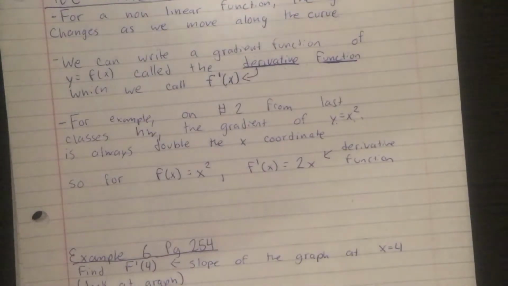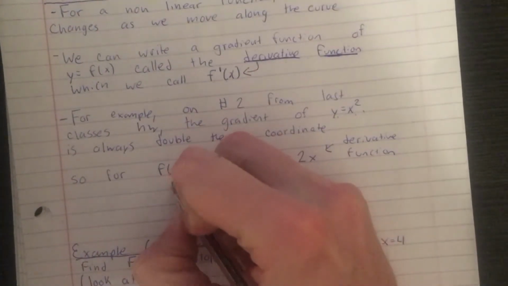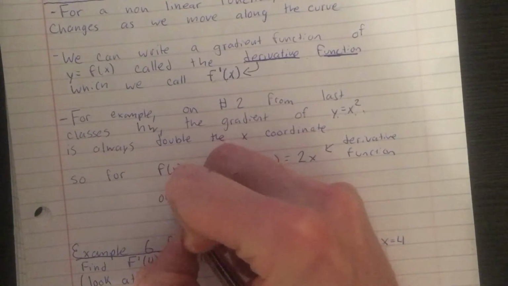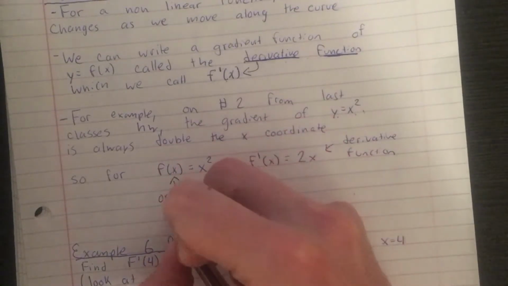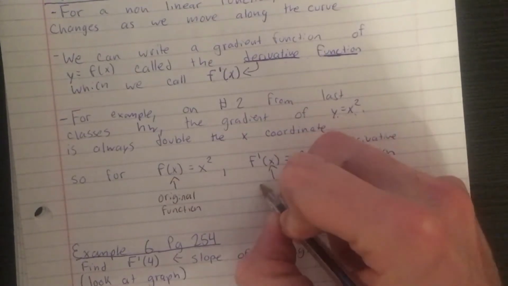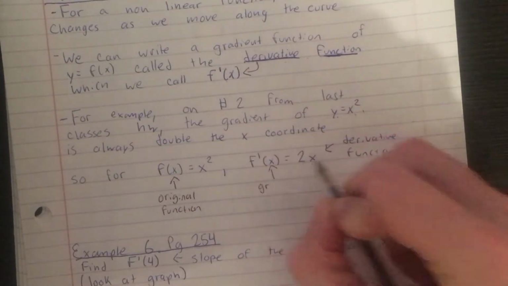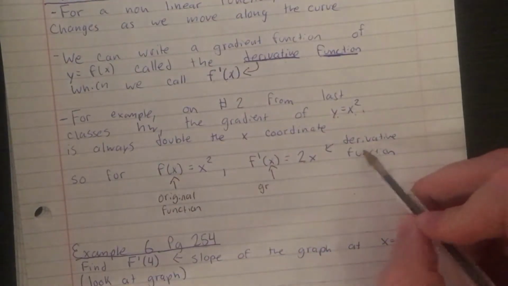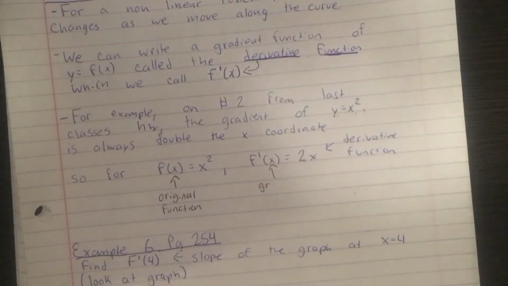The way we would represent this, we have our original function, f of x equals x squared. And then we have the gradient function, which just says you're going to take 2 times x. This is our gradient, our derivative, our slope function.